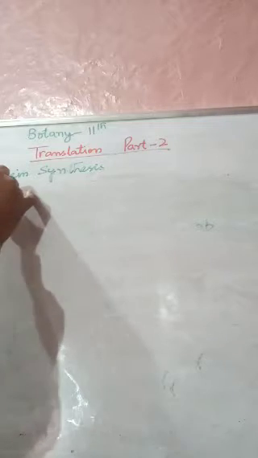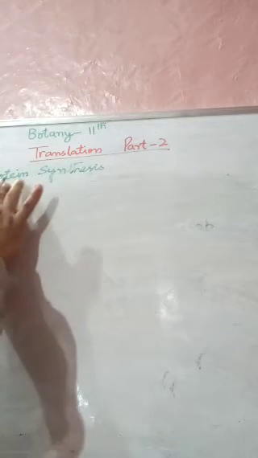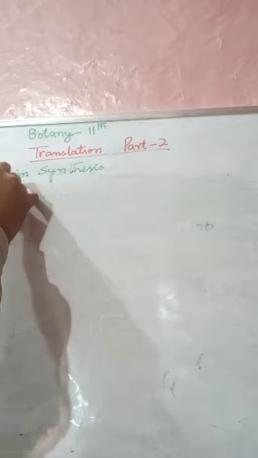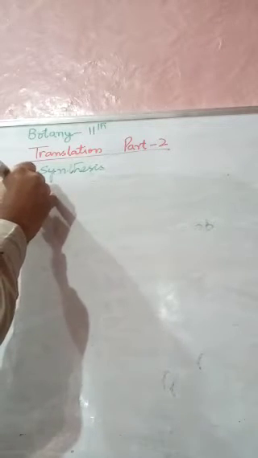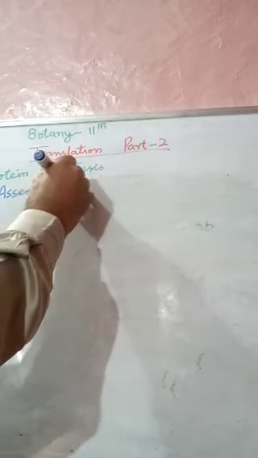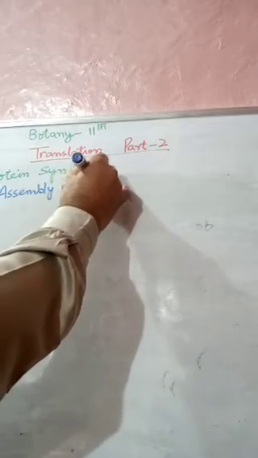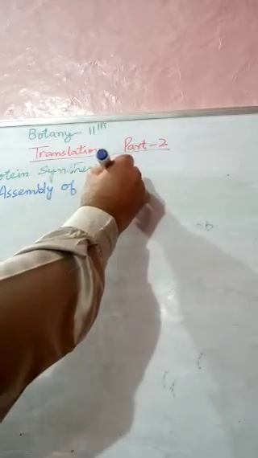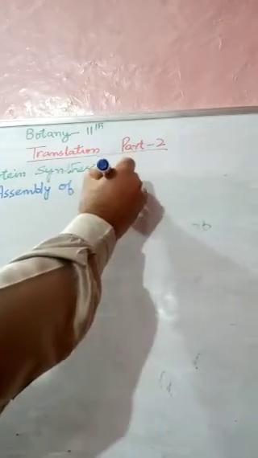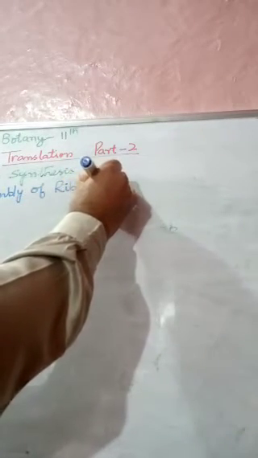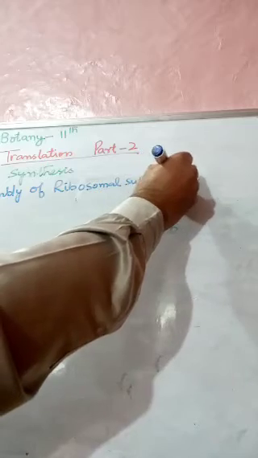The first stage is called assembly of ribosomal subunits. This is the first step.